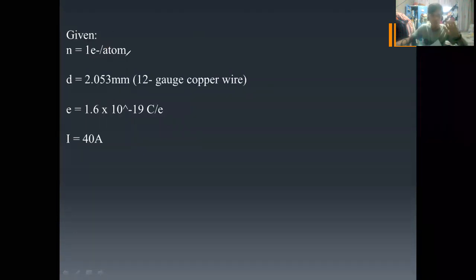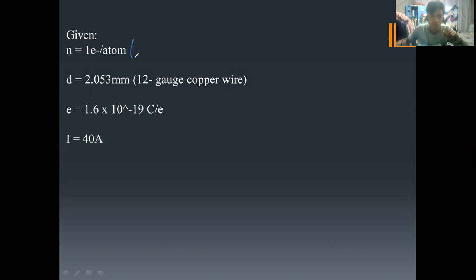To compute this, to get the electric drift velocity, we have to convert 1 electron per atom to electron per cubic meter.